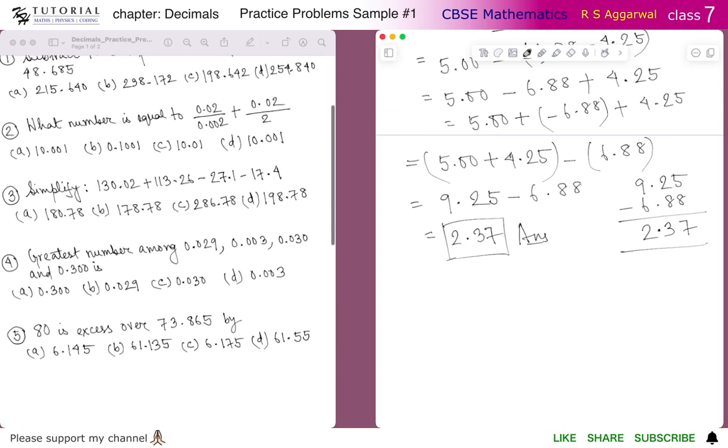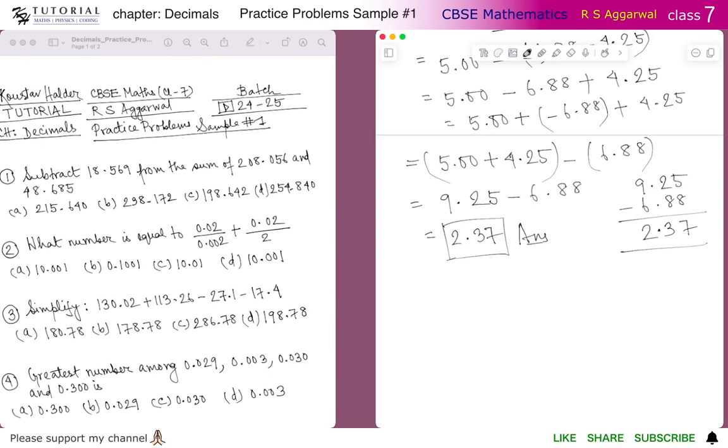If possible, I will prepare another set of problems, sample number 2, based on the same topic later on, but the next video will be on the multiplication and division of decimals, which I will try to upload today itself.